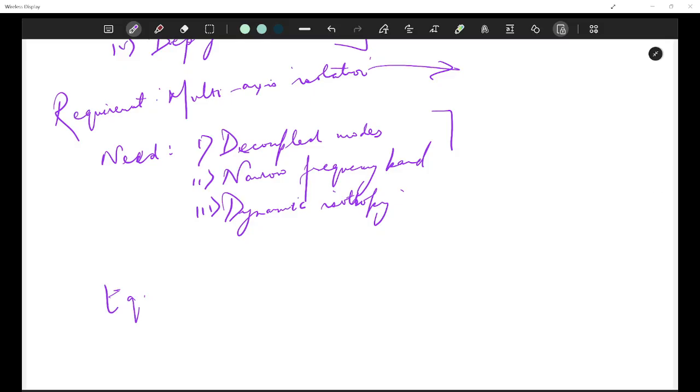In all the 6 directions, and the Stewart platform naturally has 6 legs, so it can isolate in all the 6 directions. What does dynamic isotropy mean before we move forward?